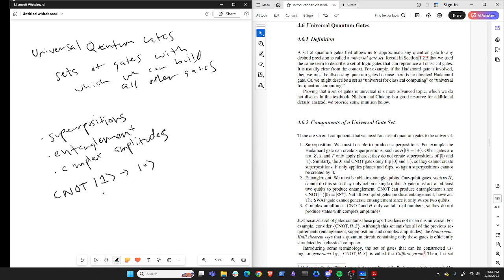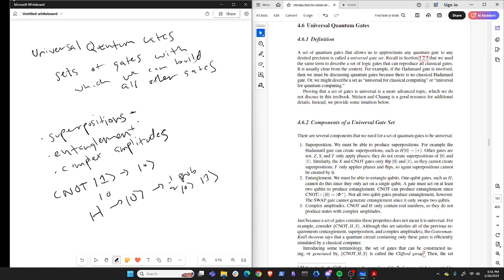If I apply C0 to a series of qubits, all it's going to do is change the state that they're in, but it's not going to put them into a superposition where they have different probabilities of being. A Hadamard gate can do that, right? A Hadamard gate can put 0 into an equal, 1/2 probability of being in 0 or 1. And the same thing for 1. So superpositions are necessary for quantum operations.